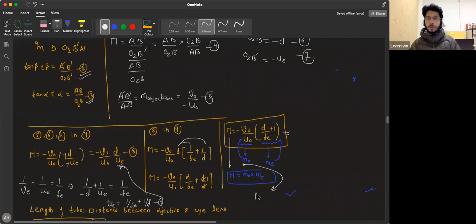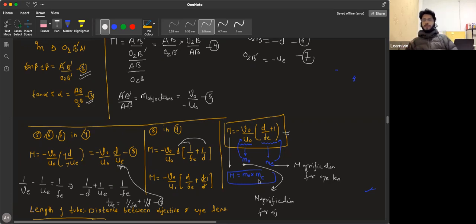M naught is the magnification of the objective. What is ME? That's the magnification for the eyepiece.